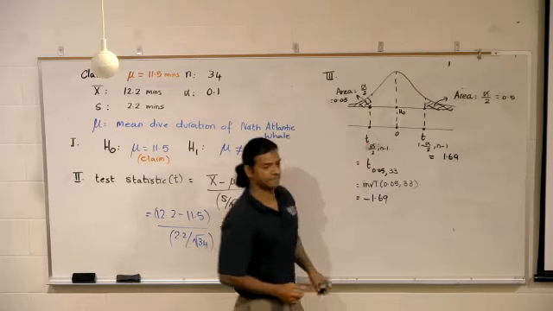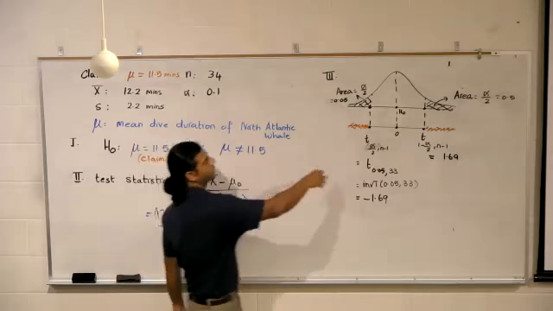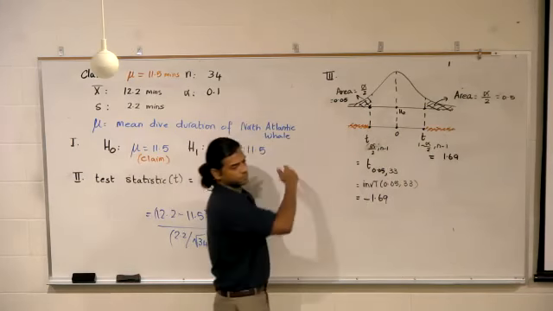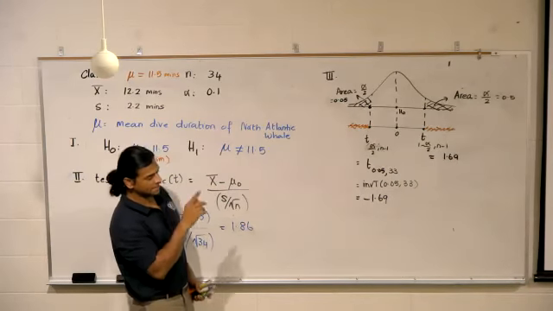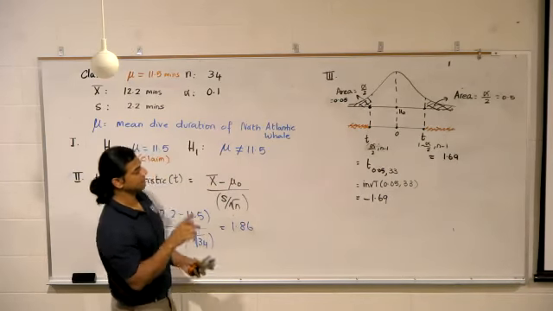So the interval in orange on the real number line is my rejection region, and I've got two of them, one on the right, one on the left. Where does the test statistic fall? On the right. 1.86 falls right here.